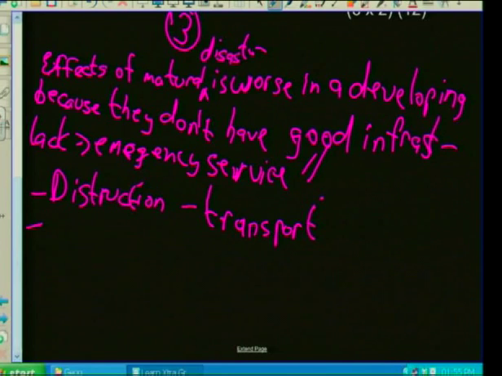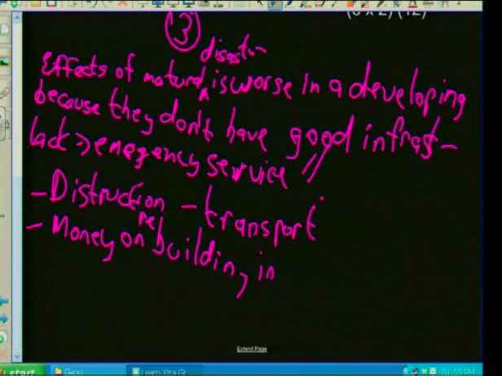Money has to be spent on building or rebuilding the economy, isn't it? Which money is used up and therefore other facilities cannot be built, rebuilding infrastructure, etc.